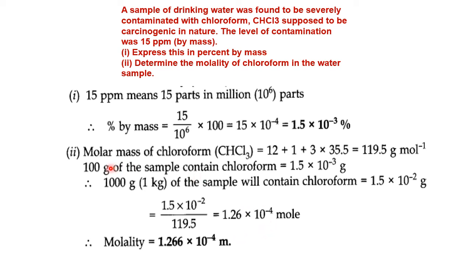What is the mass of solvent here? 100 gram, so 100 by 1000, that is 0.1, which comes in the denominator. After simplification, approximately we get 1.255 or 1.266 into 10 to the power minus 4 in scientific notation. This is the molality.